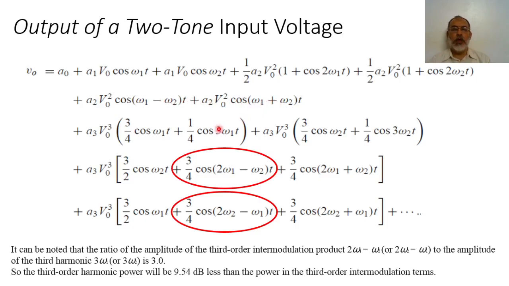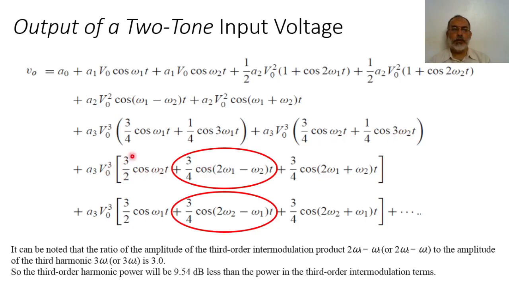For the cubic term, we have a term that has a frequency ω1. We have another term that has a frequency 3ω1. In a similar way, we have a component that has frequency ω2, and another component that has frequency 3ω2.